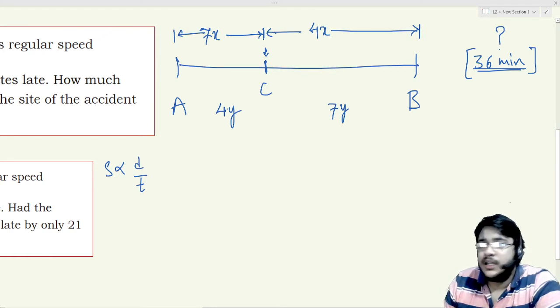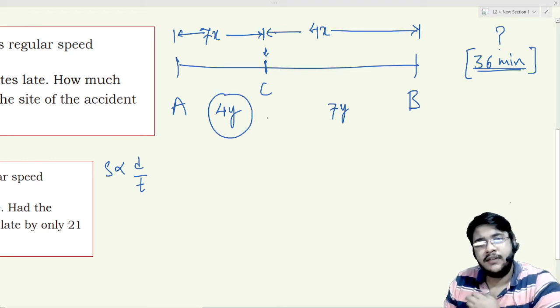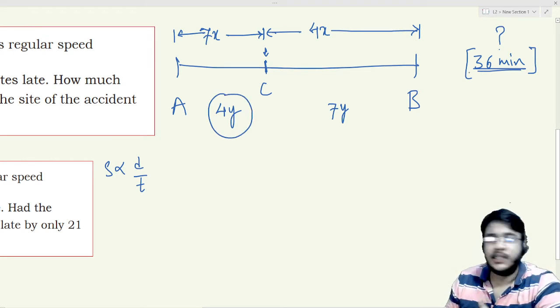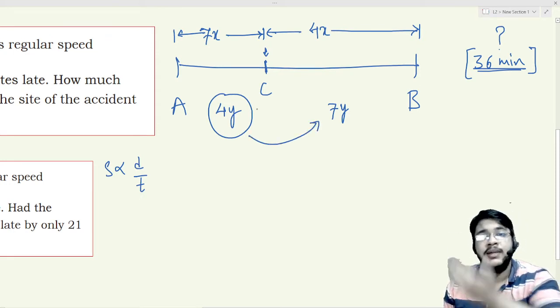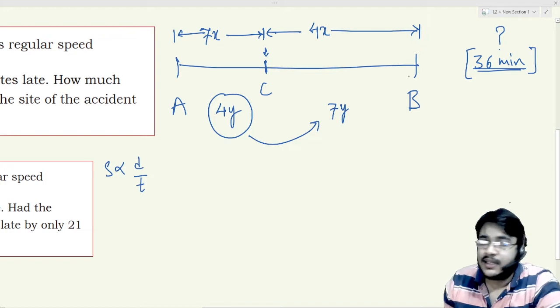It is late because it would not have been late if it was traveling at the same speed, 4y. But because the time has increased and the speed has decreased, there is a delay of 36 minutes.